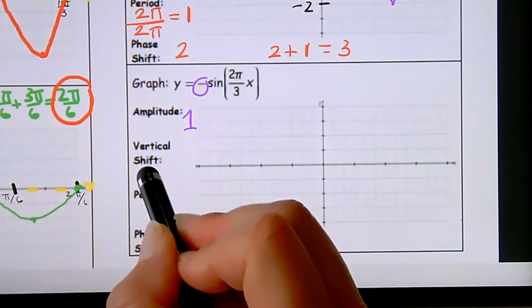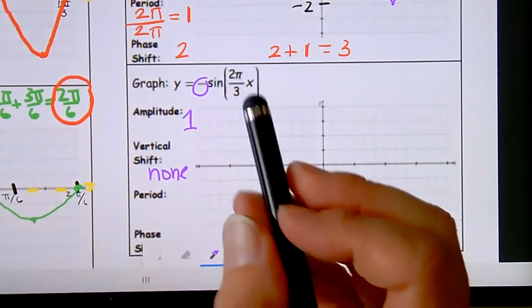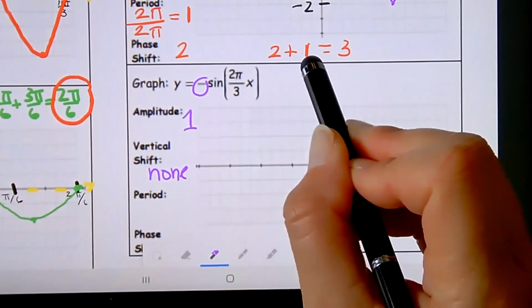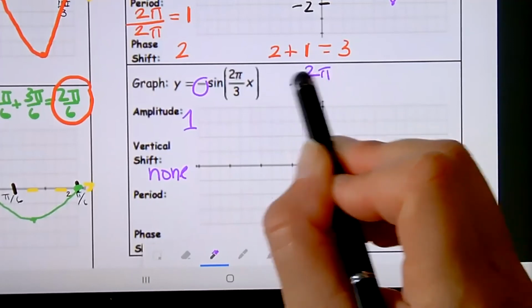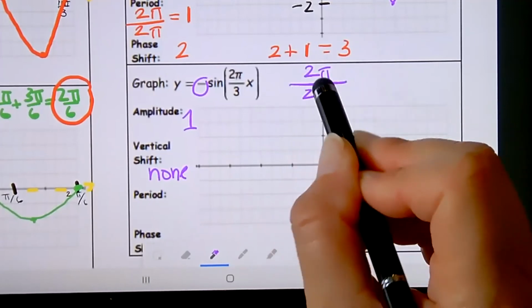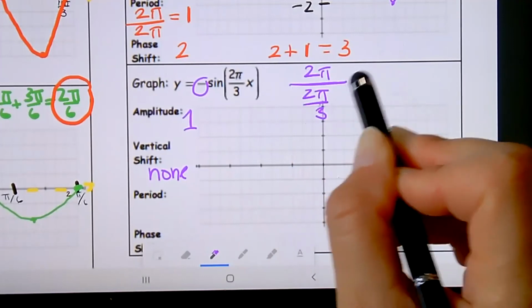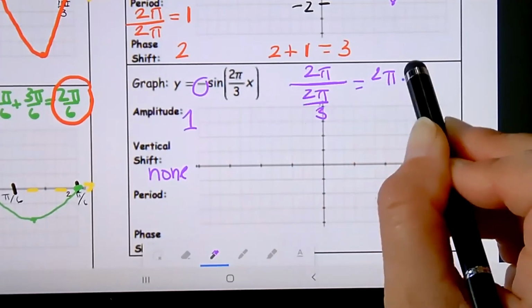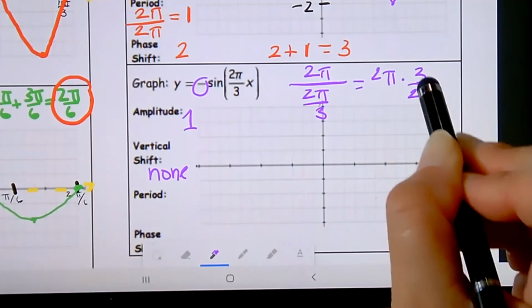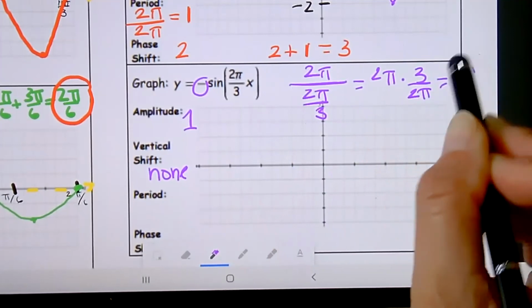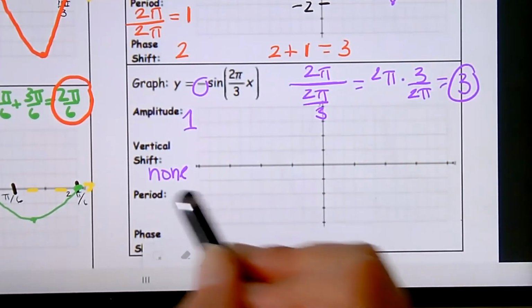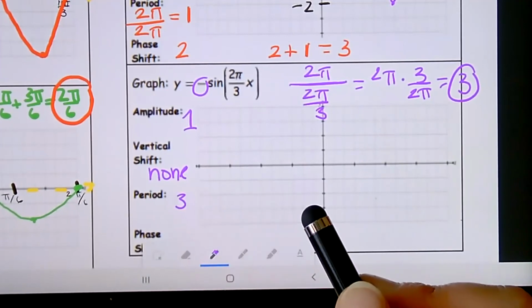My vertical shift, none. My period: it's 2 pi over 2 pi thirds, which is 2 pi times 3 over 2 pi, which means my period is 3. So it's going to be 3 units long.